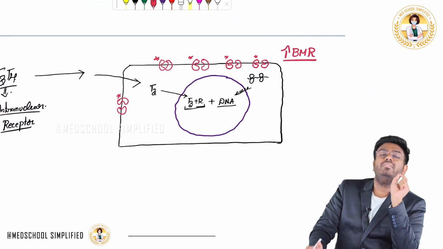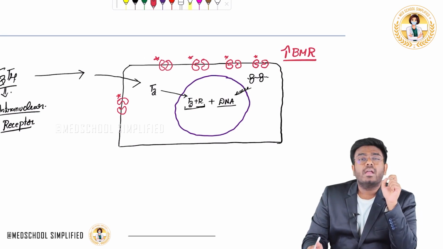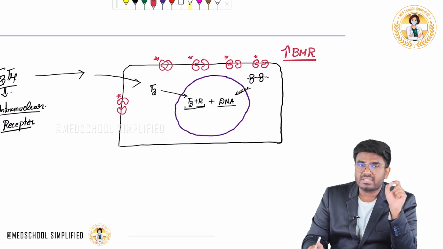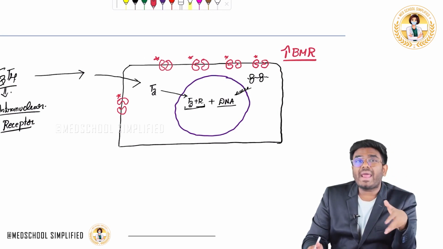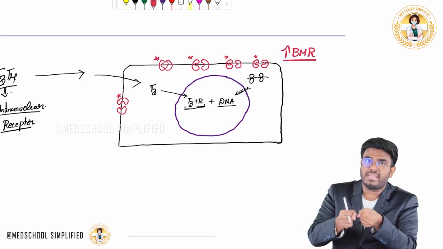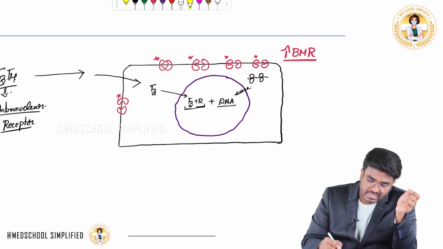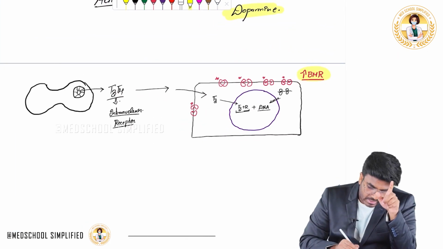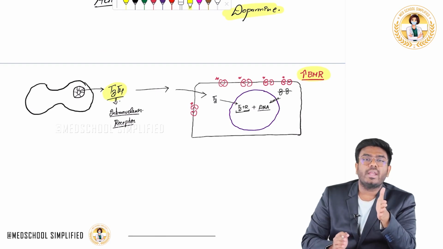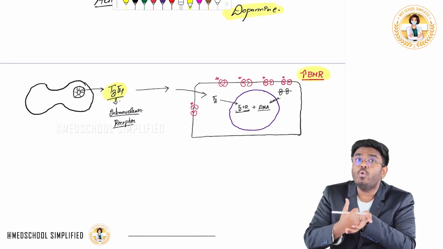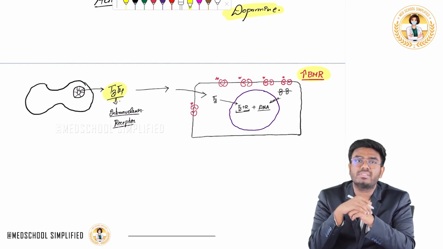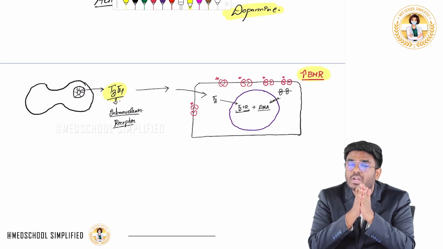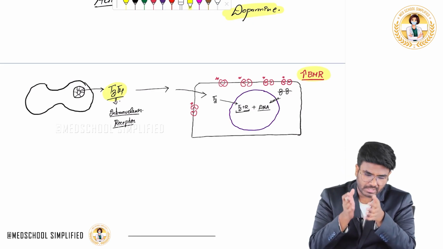It will bind with its receptor in the nucleus, causing transcription and translation, so that at the end of the day, more sodium potassium ATPases are getting produced. Because more sodium potassium ATPase activity is there, more ATP is getting broken down, and because of this, the basal metabolic rate in the body increases. So this is the reason why we say thyroid hormones increase the basal metabolic rate. How? By increasing the number of sodium potassium ATPases, which do primary active transport.